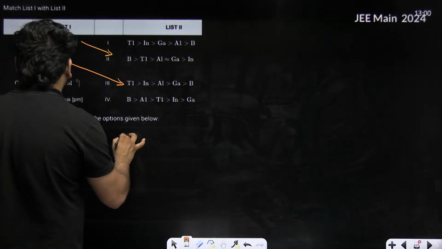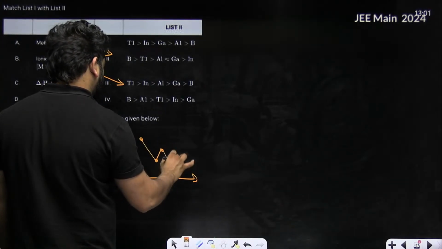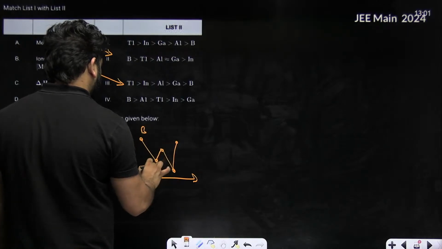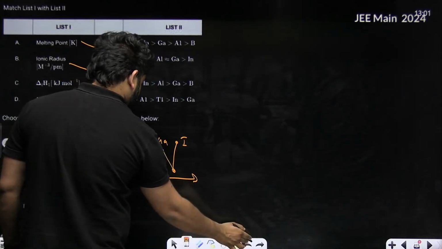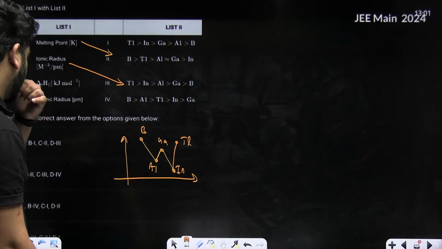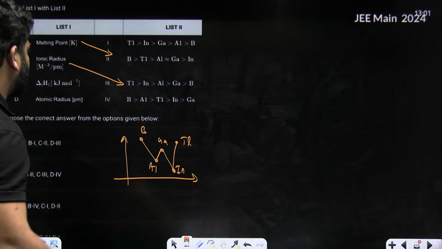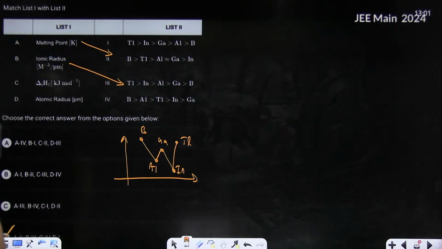So this is the correct order. Boron followed by thallium, followed by aluminium, followed by gallium.